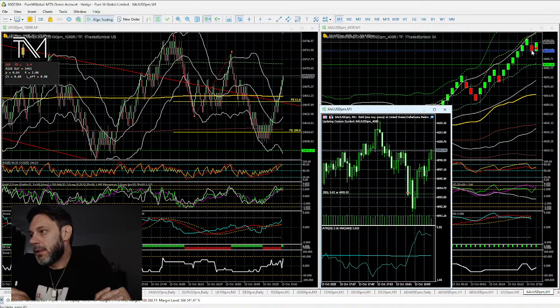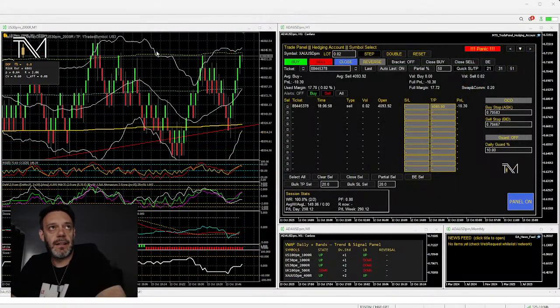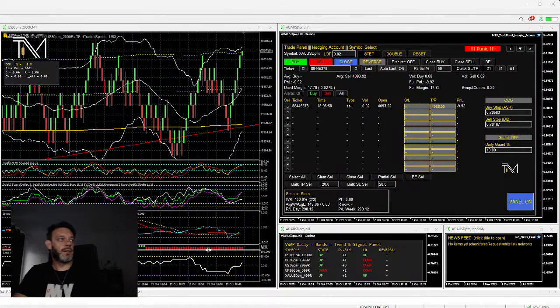And yet we don't have anything on Dow Jones. It's still trying to break out this area. It's still far away with this. It is trying to go up with the slope. This is still red, not a clear situation.